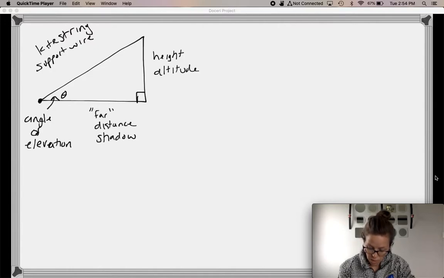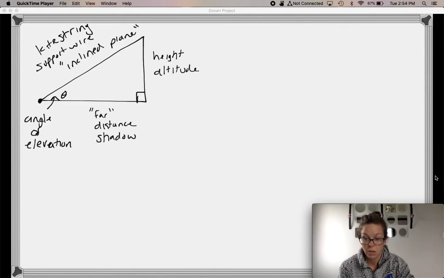And a third one you might see is an inclined plane. And that's kind of the idea of a ramp. So when you're doing a building project, inclined planes are something that's really important to builders and contractors because of ADA regulations.